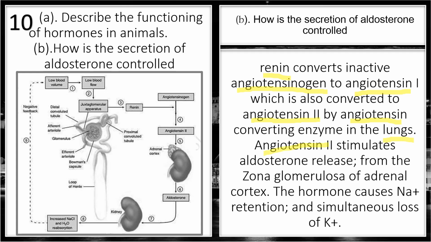Angiotensin 2 stimulates aldosterone release from the zona glomerulosa of the adrenal cortex. The hormone causes sodium ion retention and simultaneously loss of potassium ions.